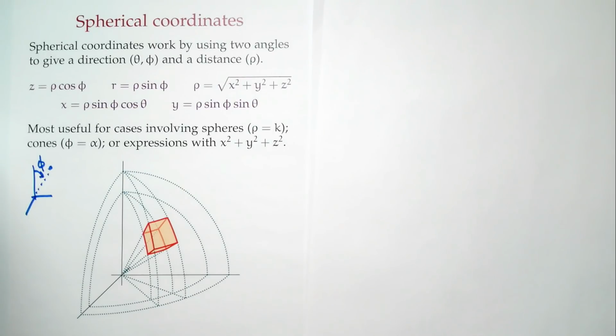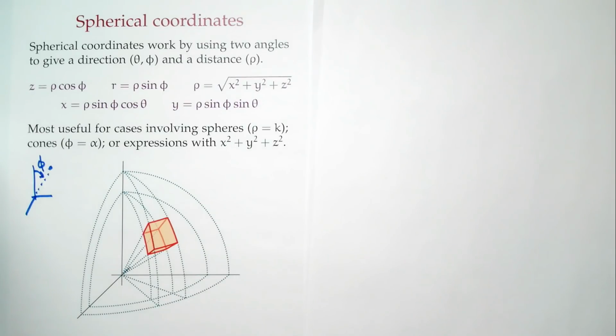I'm in the xy plane. In fact, I'm in the whole xy plane because the whole xy plane corresponds to phi equals pi halves. Because when I just talk about phi, I can have theta and rho be arbitrary. So the xy plane is phi equals pi halves. If I keep going down, I'll end up pointing straight down at phi equals pi, and then I stop. So phi only goes from 0 to pi. It never goes beyond pi.